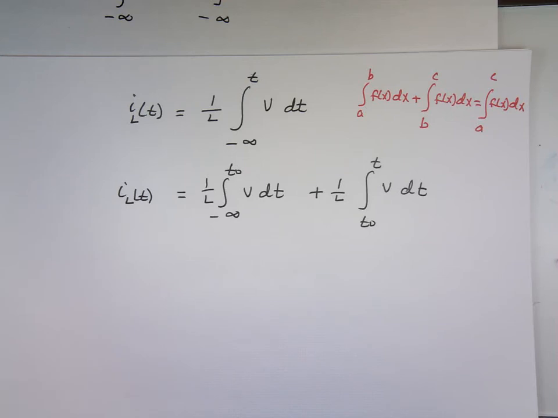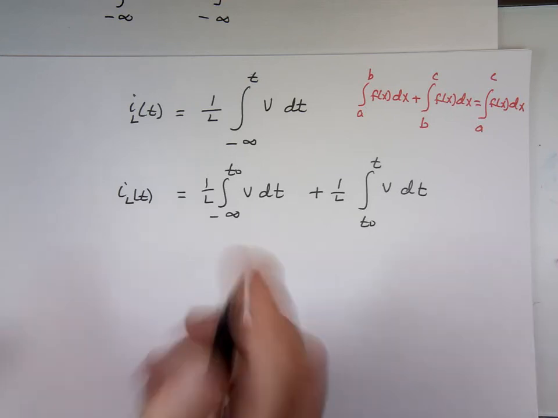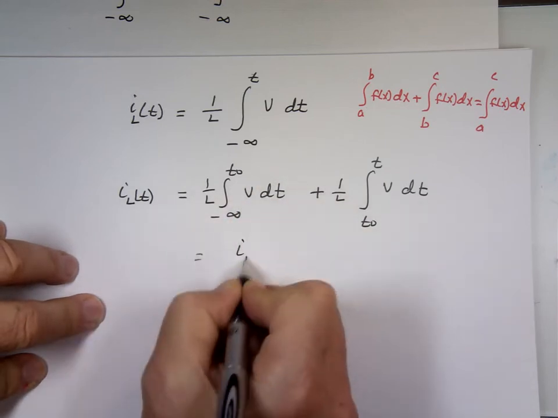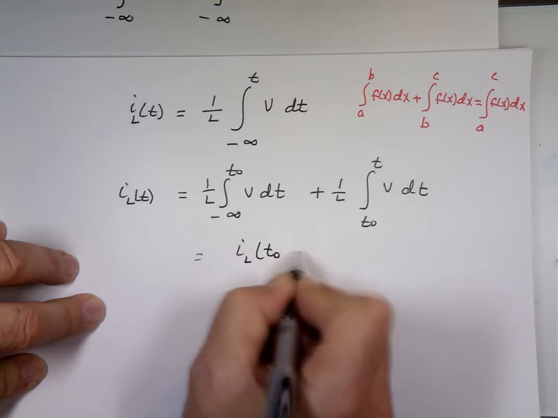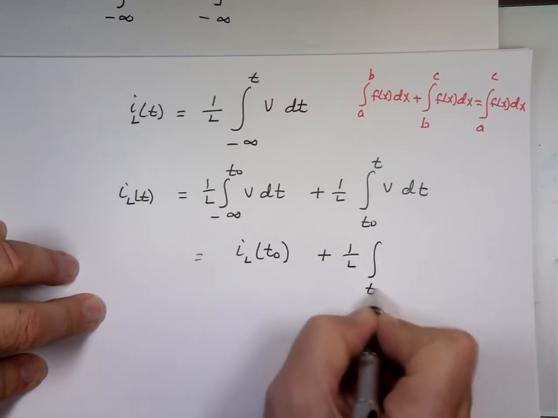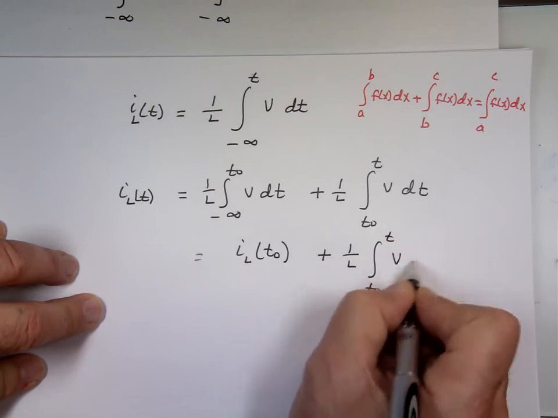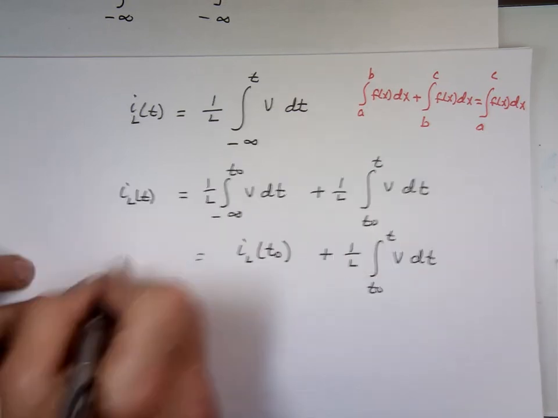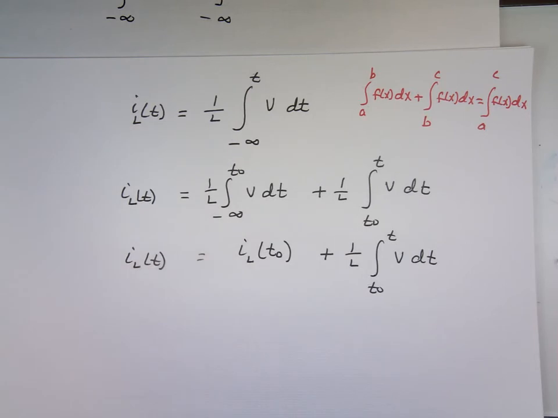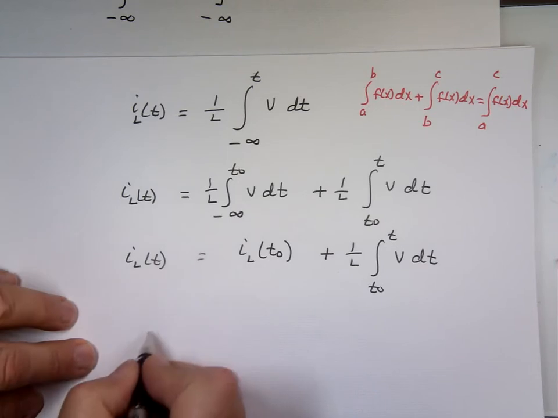Well, the answer to the first one is the current at t0. So the answer to this is I sub L at t0. Add to it 1 over L, the integral from t0 to t of v dt. Clean it a little bit there.